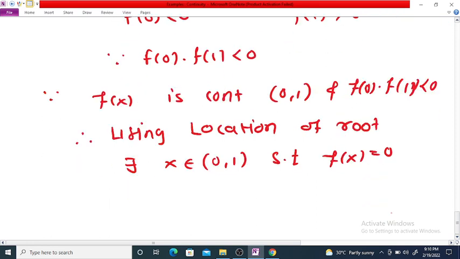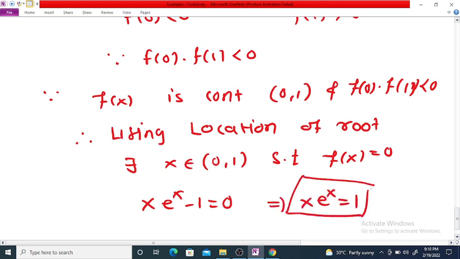That is, x e raised to x minus 1 equal to 0, and this implies x e raised to x is equal to 1 for some x in the interval 0 to 1.